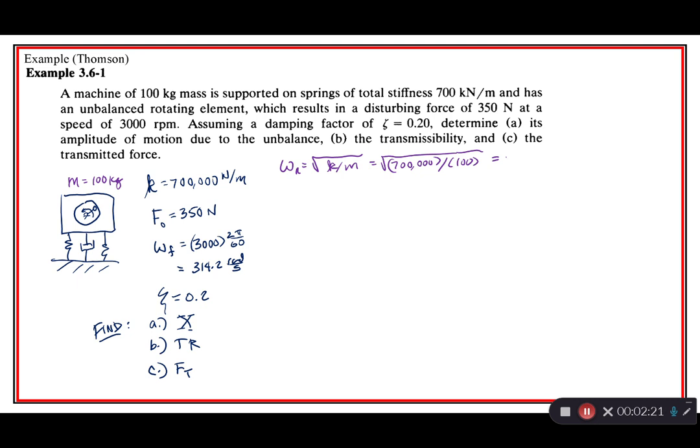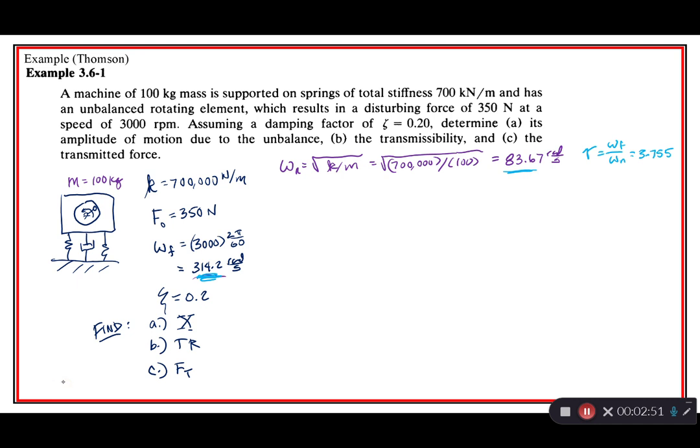And that should be 83.67 radians per second. And we know that we already have the forcing, so we can find r, omega f over omega n. That ends up being 3.755. So we have those two pieces of information. We can get right onto it.